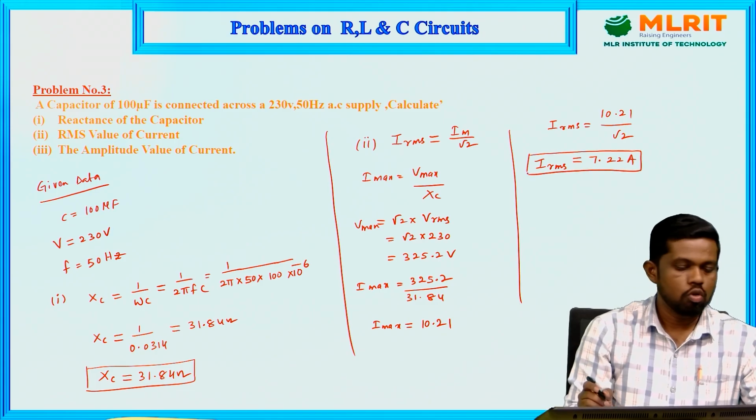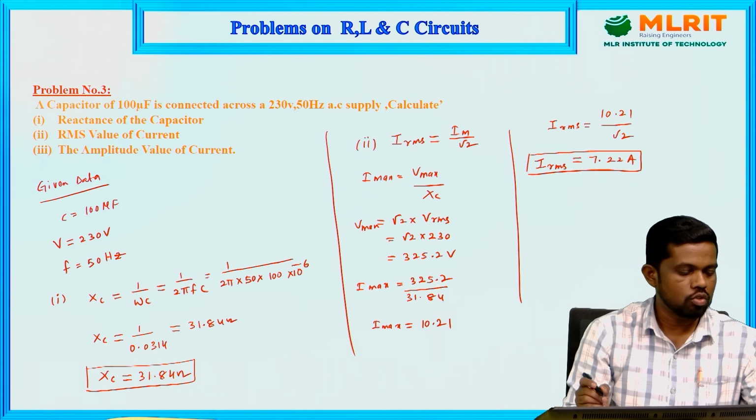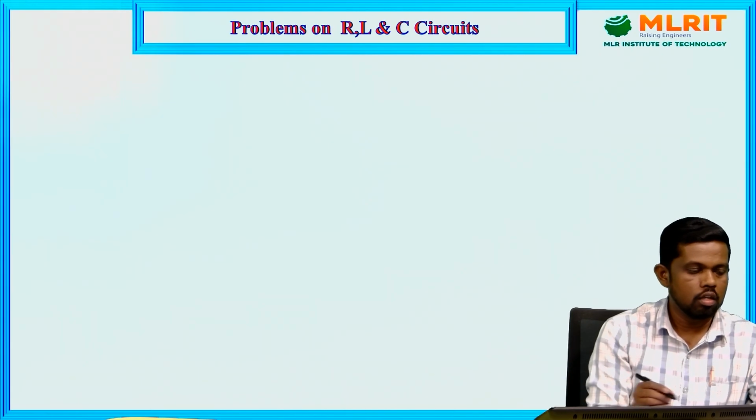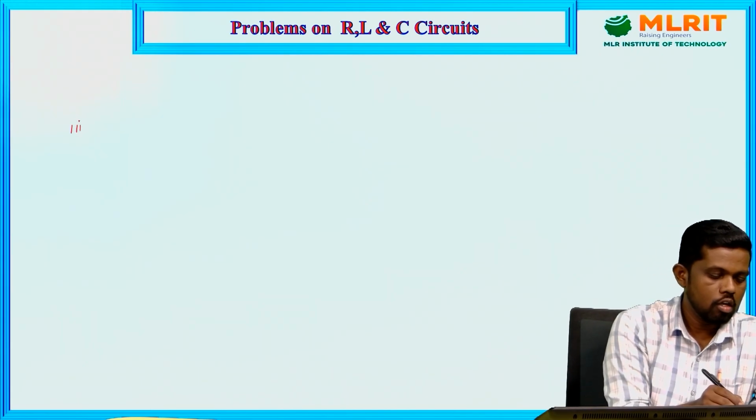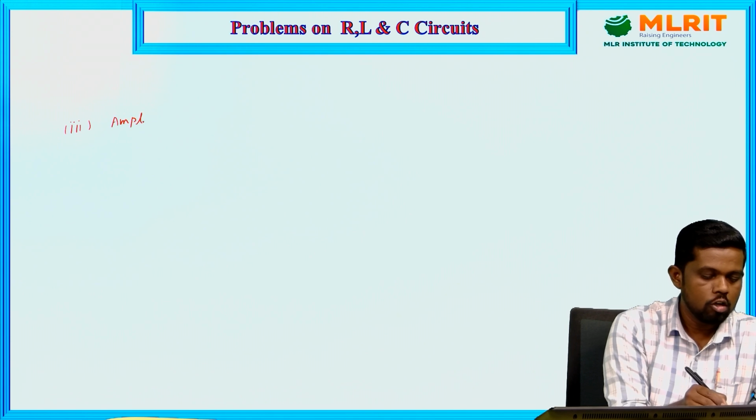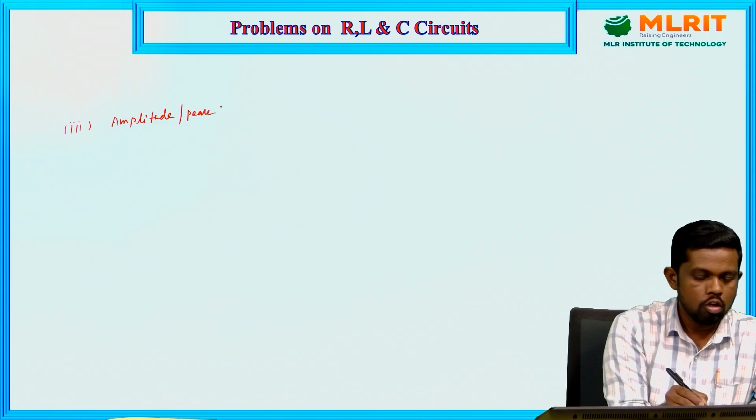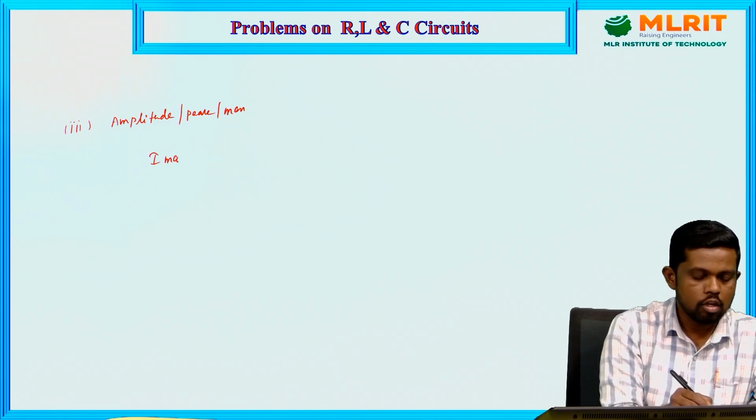Then go through question number 3. What they have asked is to find the amplitude value of current. Amplitude or peak value or the maximum value, all are the same. So for that, I max equal to root 2 times the IRMS.